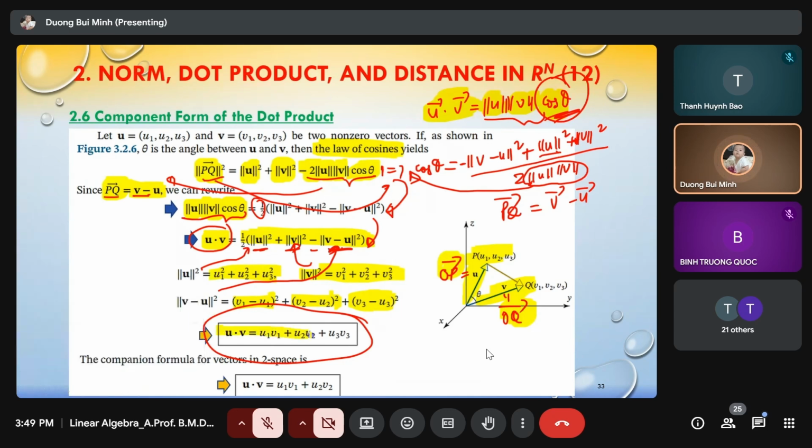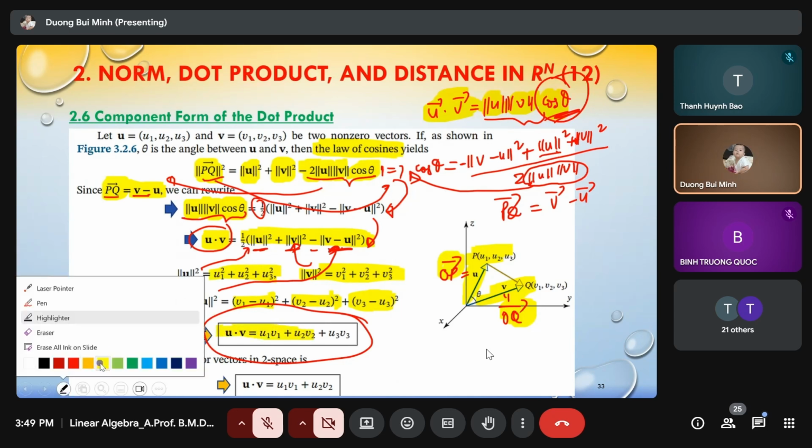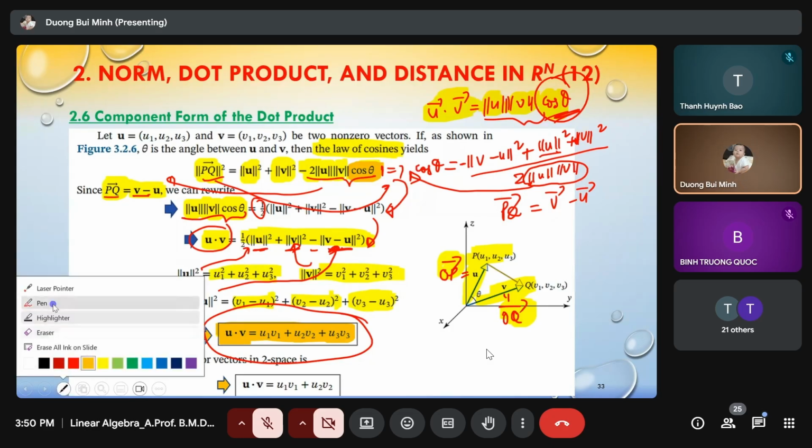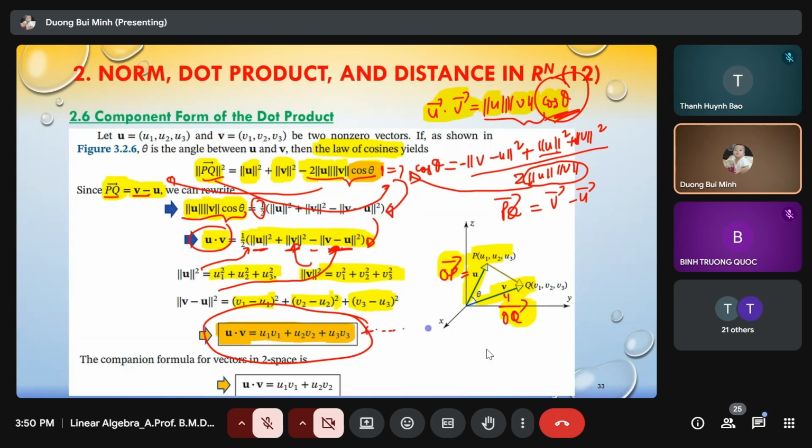So now if we observe this one, you cannot see any cosine theta, right? So this one is very convenient if we calculate dot product for many dimensions. So U dot V is u1 v1 plus u2 v2 plus u3 v3, and then if we have more, just plus un vn.